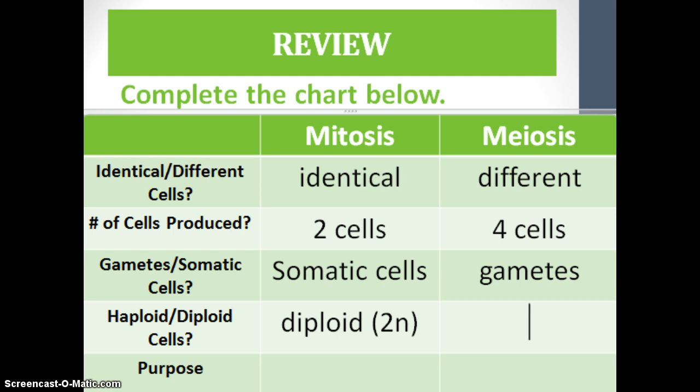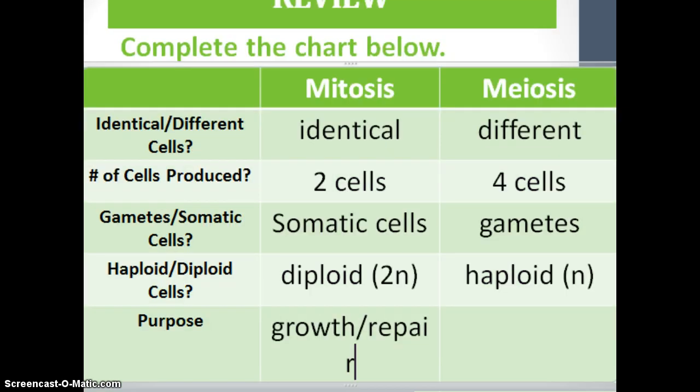For meiosis, the cellular process results in haploid cells, which is indicated with the letter N for 1 set of chromosomes. And finally, the purpose of mitosis is for cell growth and repair, whereas meiosis is for sexual reproduction. Go ahead and make sure that your table or your chart is accurately filled out.